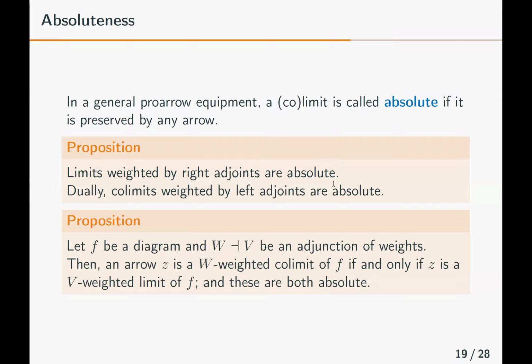Dually, colimits weighted by left adjoints are absolute. More precisely, if we are given an adjunction of weights W and V, then W-weighted colimits are equivalent to V-weighted limits, and these are absolute.